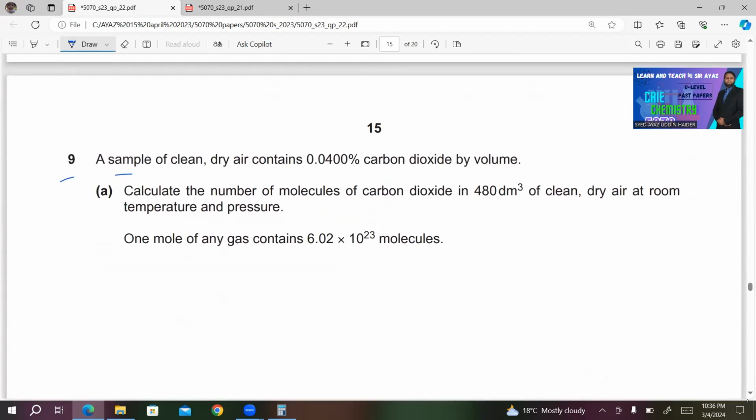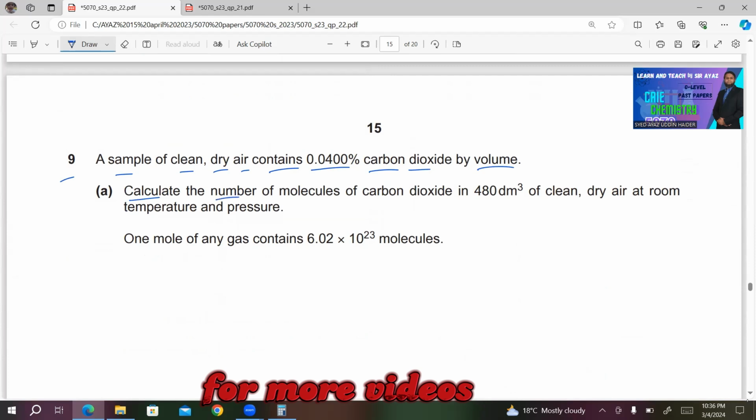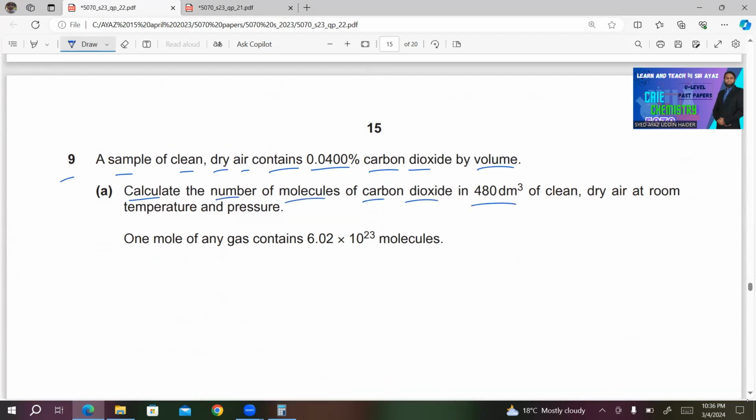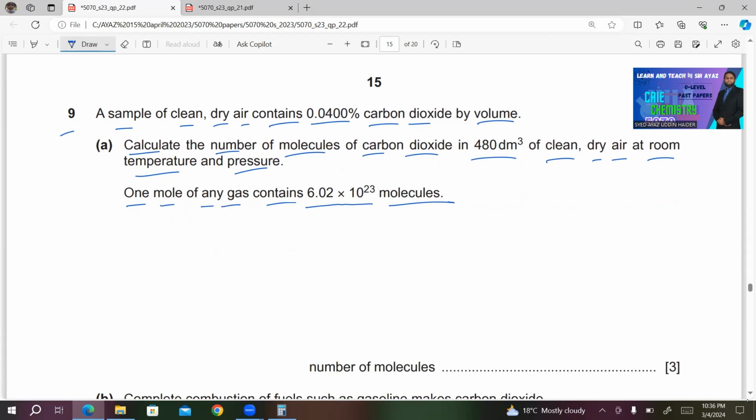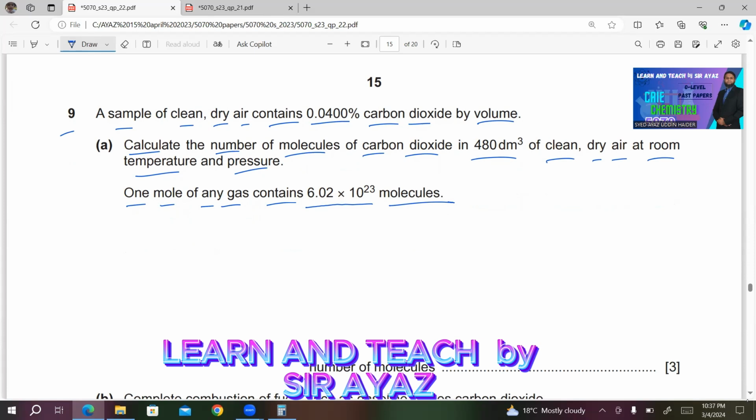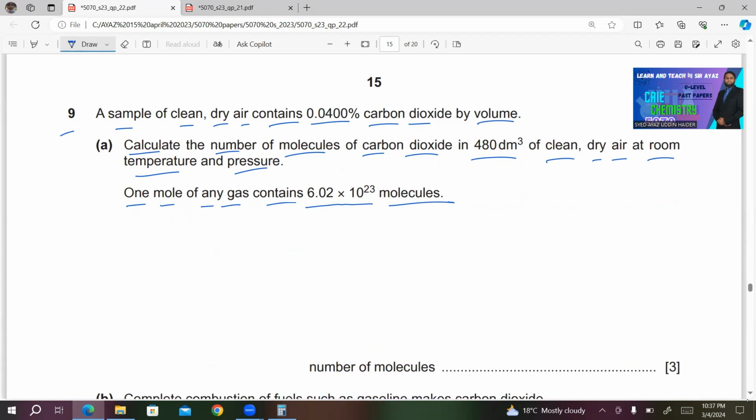Number 9, a sample of clean dry air contains 0.04% carbon dioxide by volume. Calculate the number of molecules of carbon dioxide in 480 dm cube of clean dry air at room temperature and pressure. 1 mole of any gas contains 6.02 into 10 to the power 23 molecules. So first of all, I need to calculate the volume of carbon dioxide in 480 dm cube of clean and dry air, since the percentage is given by volume.